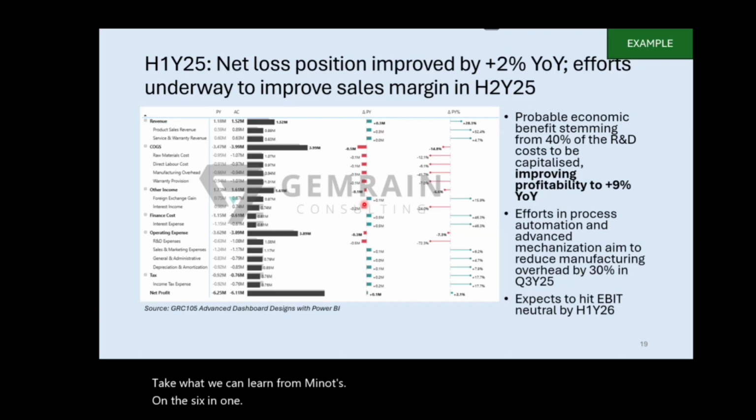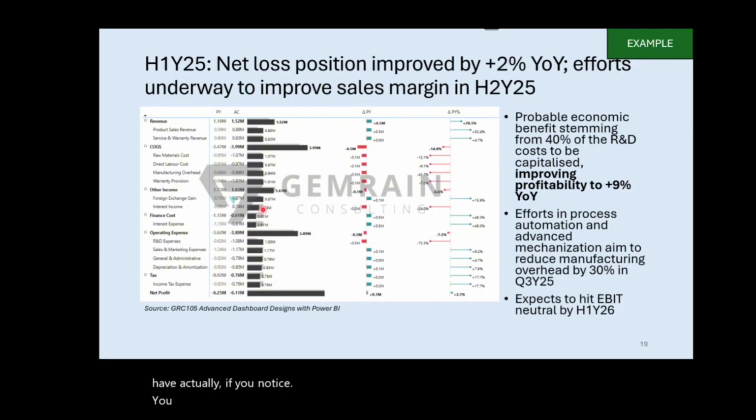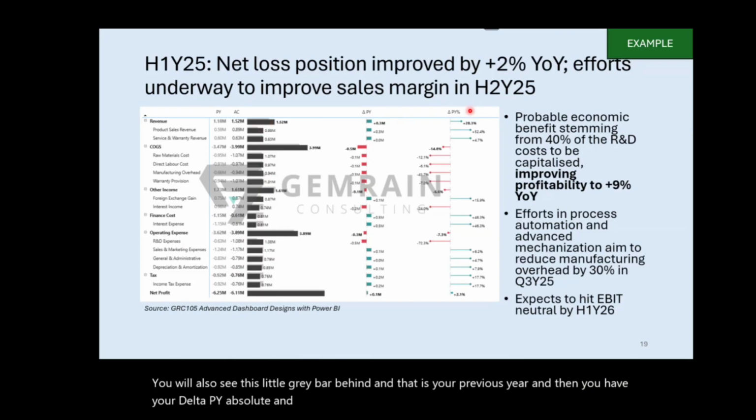I have my previous year here, I have my actual here, truncated so it's easy for people to read quickly. Then I have my bar chart here. If you notice, you will also see this little gray bar behind, and that is your previous year. And then you have your delta PY absolute and delta PY percentage.